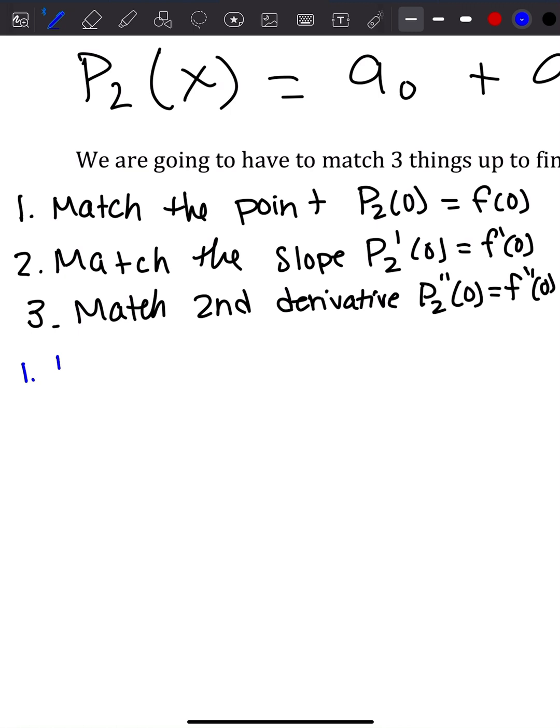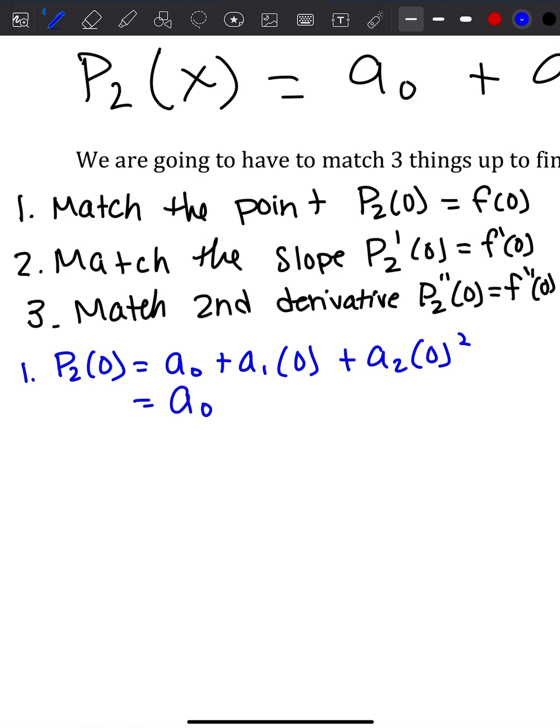So p sub 2 of 0 would equal a sub 0 plus a sub 1 times 0 plus a sub 2 times 0 squared. The really nice thing about this is that all of those things that have an x are being multiplied by 0, so we get a sub 0.